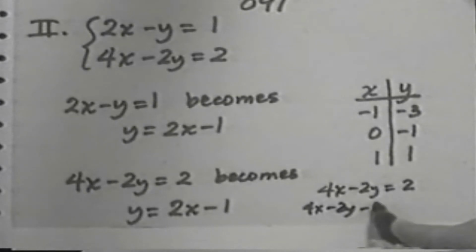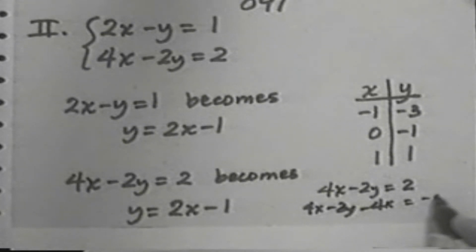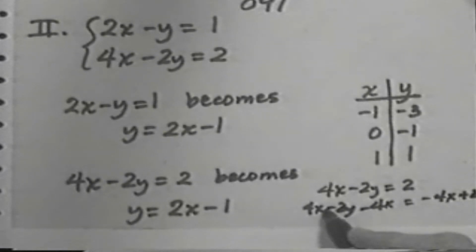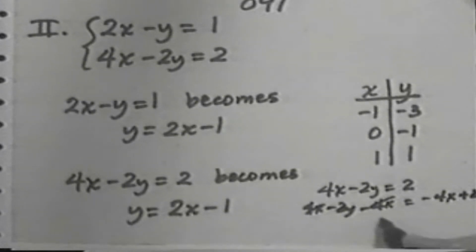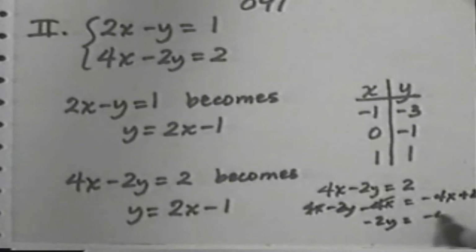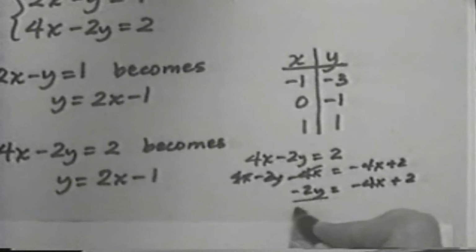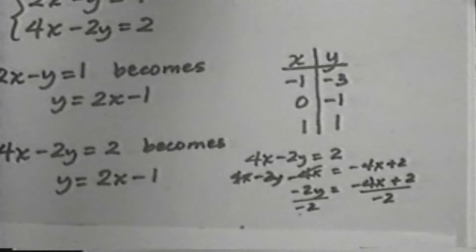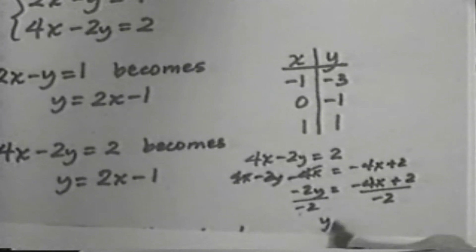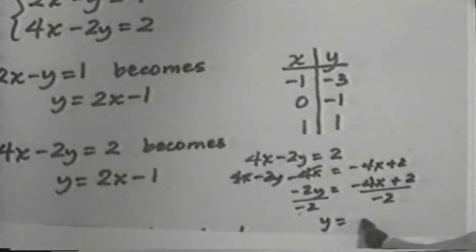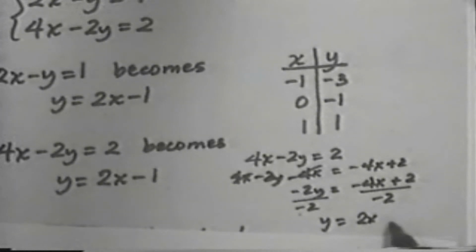Subtracting 4x from both sides, the 4x's cancel, leaving us with negative 2y equals negative 4x plus 2. Then we'll divide both sides by negative 2. And this gives us y equals negative 4x over negative 2, which is 2x, and positive 2 over negative 2 is minus 1. So yes, that's right. 4x minus 2y equals 2 becomes the old familiar y equals 2x minus 1.